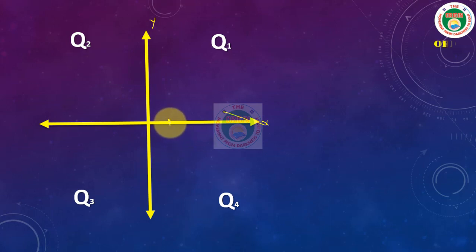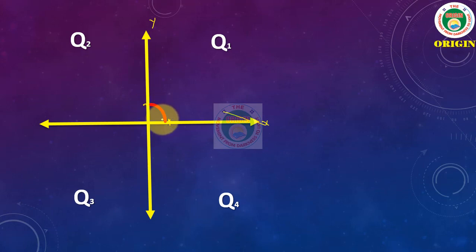If you start from here, the angle made by the person to reach the destination here is 90 degrees. From here to here, 90 degrees. So that means 0, 10, 20, 30, 40, 50, 60, 70, 80 and 90.